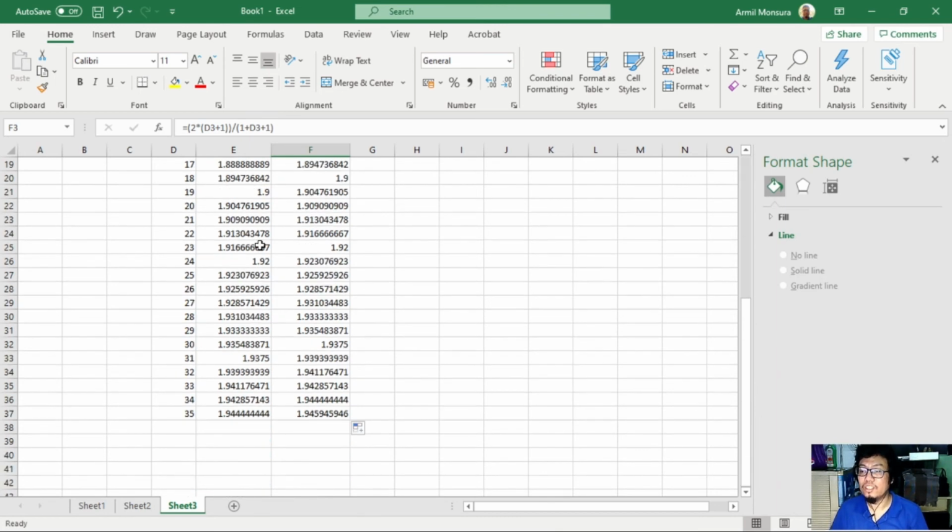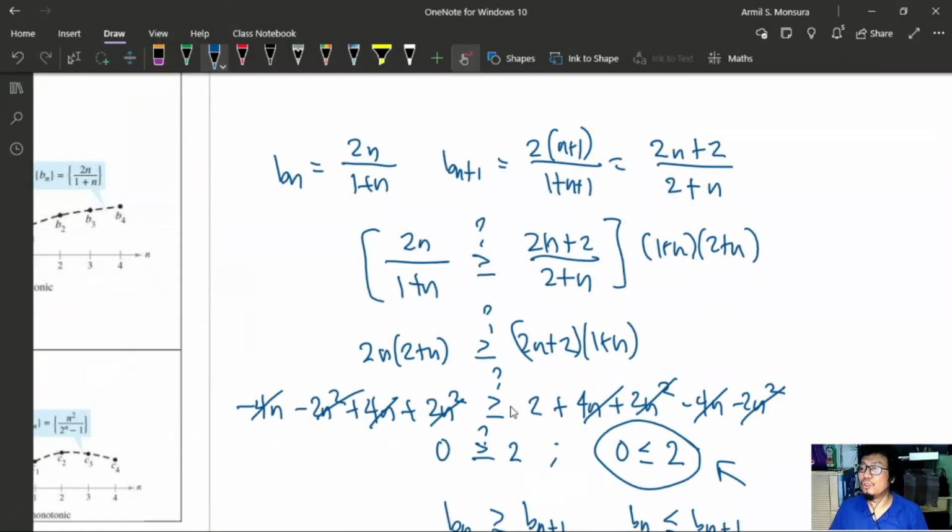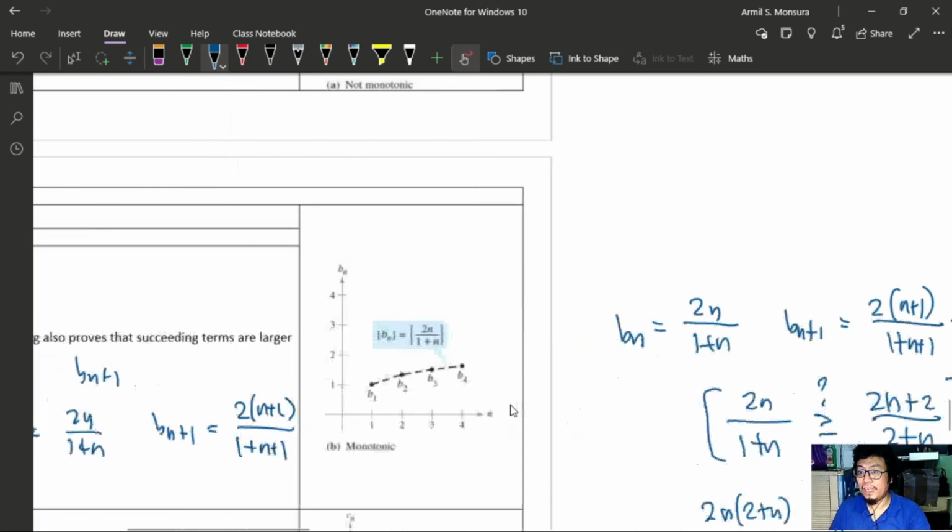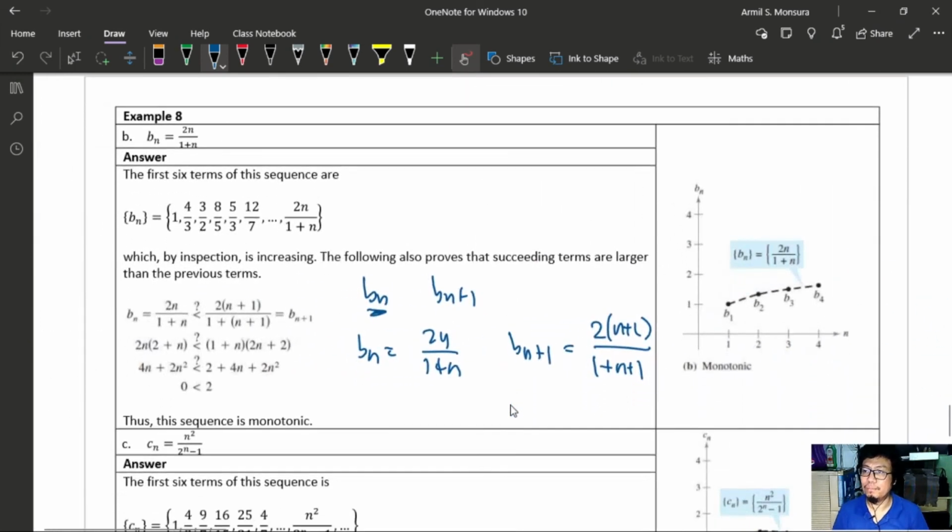So we say now that b n is increasing and the sequence is monotonic. Here's a graph of it to prove that it's a monotonically increasing function.